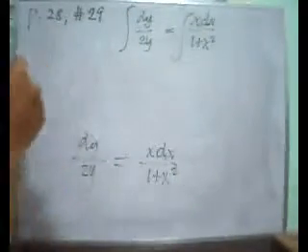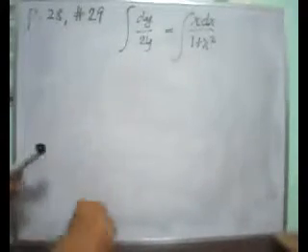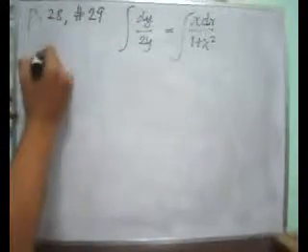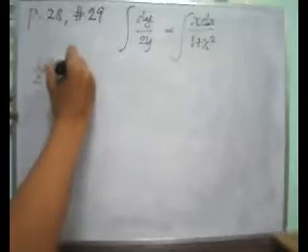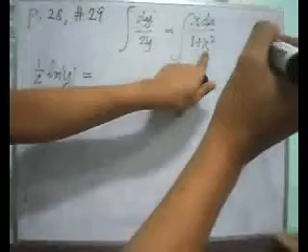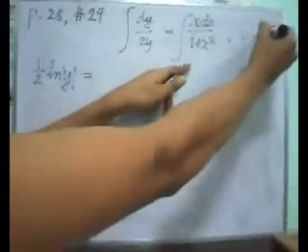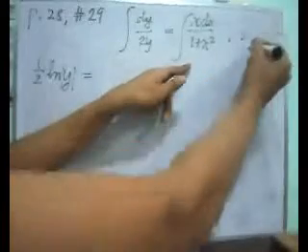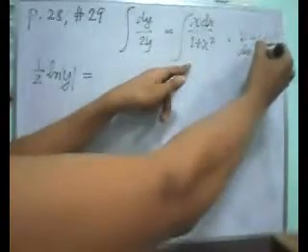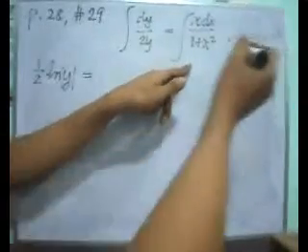We integrate both sides, so it will just be equal to 1/2 ln absolute value of y, because then we let u equals 1 plus x squared, du will be equal to 2x dx.